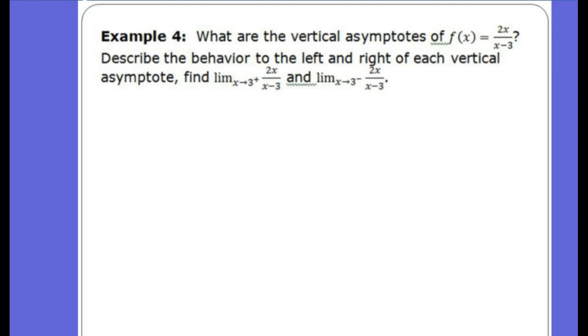So, let's do that. Can we simplify anything from the numerator to the denominator? No. So what we're going to do is then set the denominator equal to 0. So we get that we have a vertical asymptote at x equals 3.